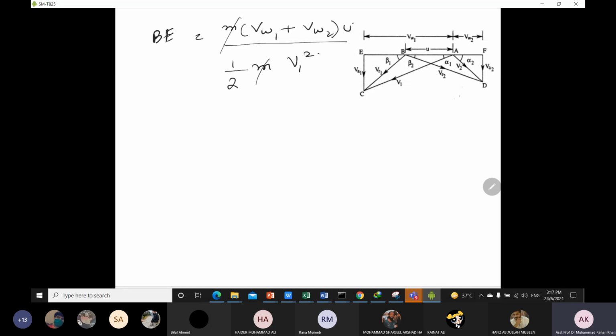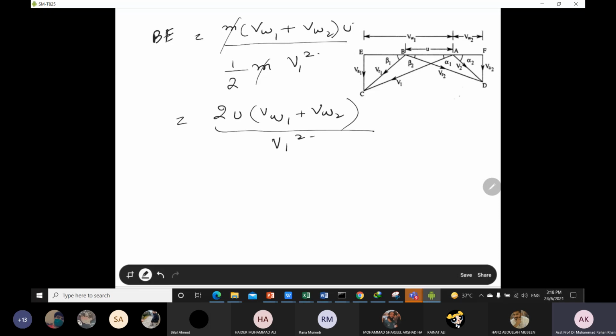The mass flow rate can be eliminated, and the simplified version of this equation is 2U into VW1 plus VW2 divided by V1 squared. If we have the tangential velocity component at inlet and outlet, the blade velocity, and the absolute velocity V1 at the outlet of the nozzle, we can easily find the blade efficiency using this relation.